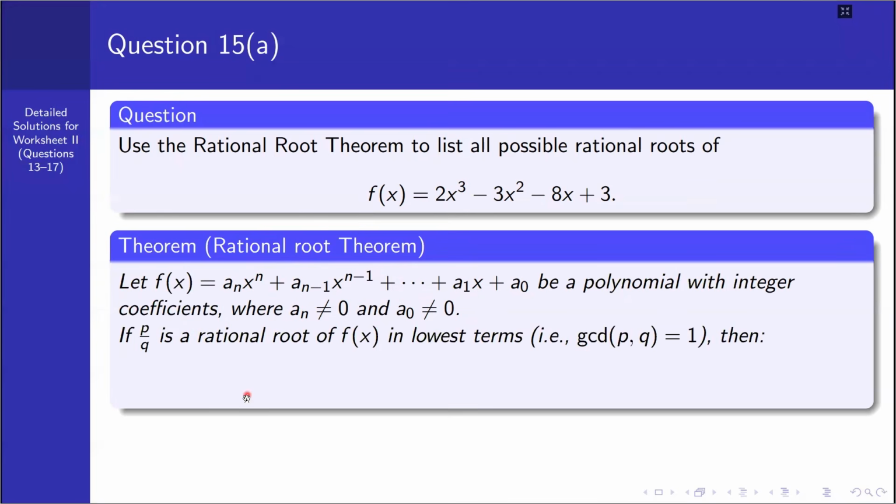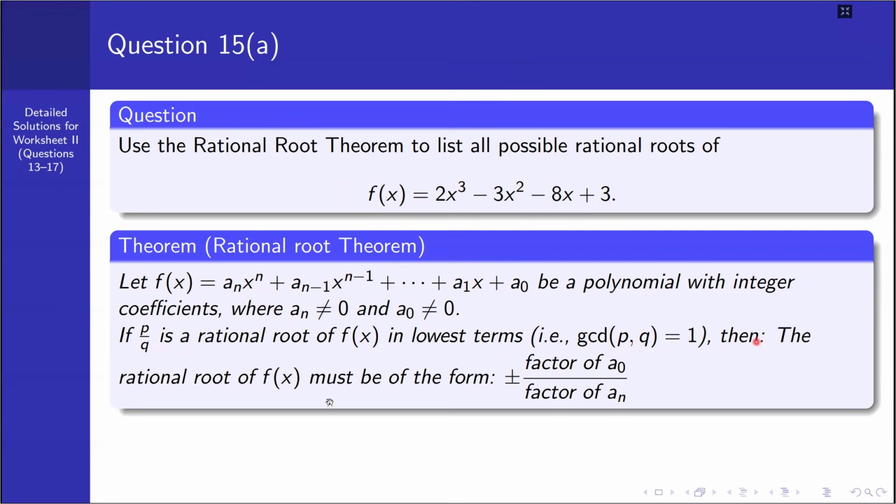Then, if the given polynomial function f of x has a rational number written in the form p over q which is a root of f of x in lowest terms, meaning the greatest common divisor of p and q is equal to 1, then the rational root of f of x must be of the form plus or minus a factor of the constant term divided by a factor of the leading coefficient.